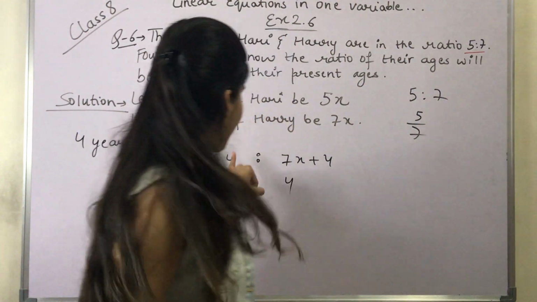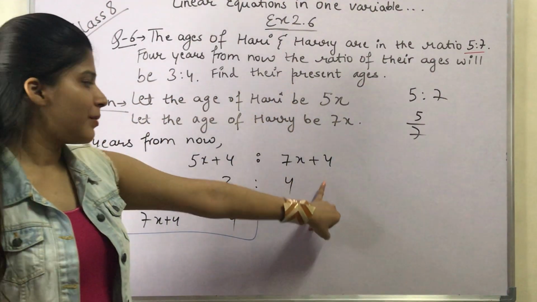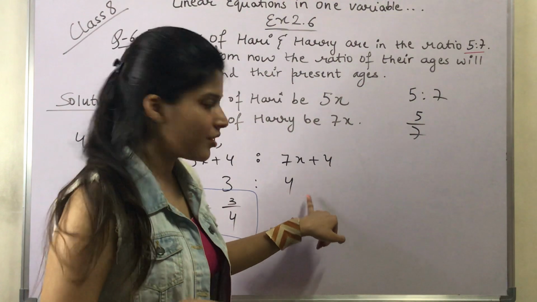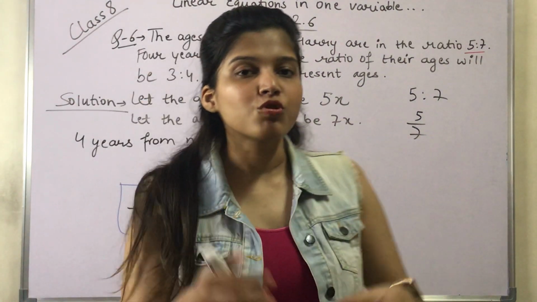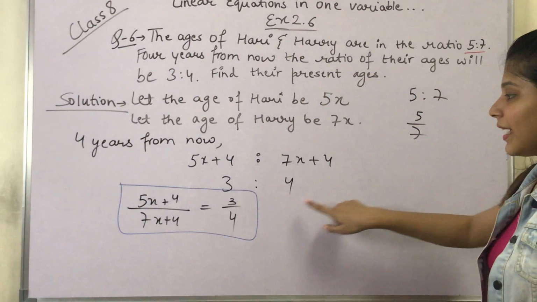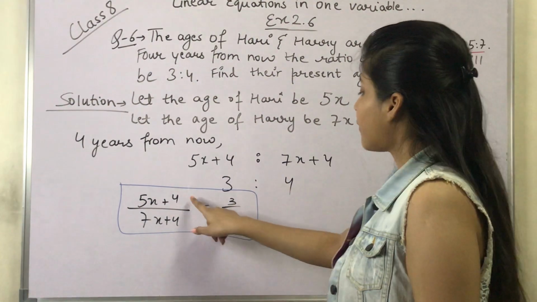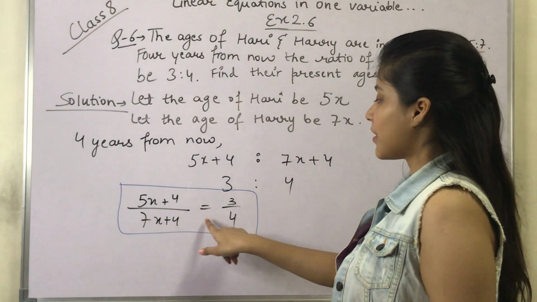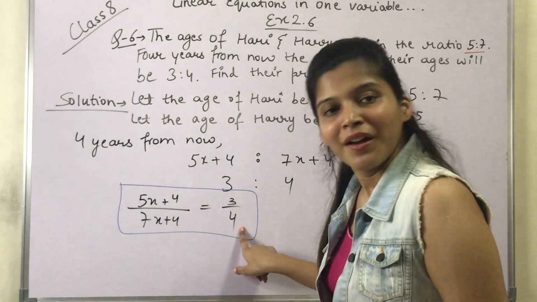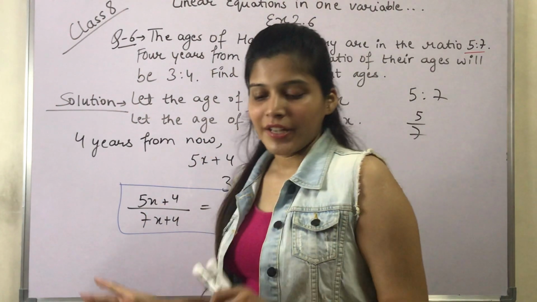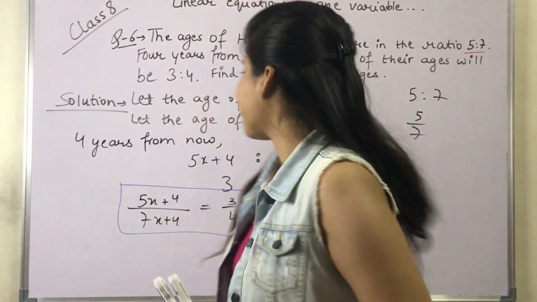So what we calculated will be equal to the ratio given in the question, 3:4. So we wrote it as a ratio and equated it. Ratio means upon. Alright, so 5x plus 4 upon 7x plus 4 equals 3/4. Now we will calculate and find the value of x.